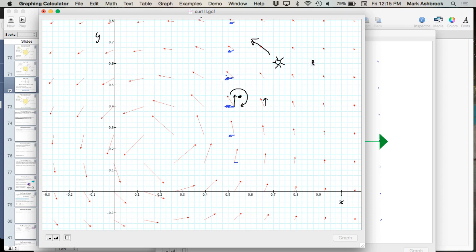No. What do we look at to see about the curl? How it rotates as it moves. It's going to move around like this, but based on our analysis, it's going to turn clockwise. Locally, it's going to turn clockwise as it's moving counterclockwise.